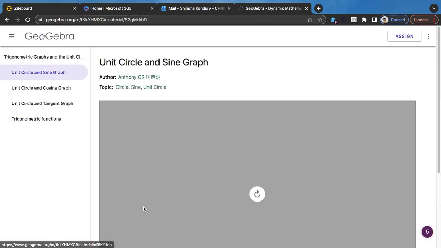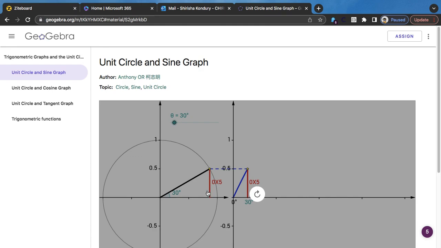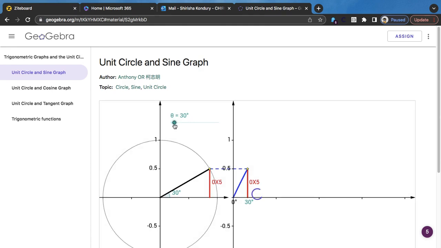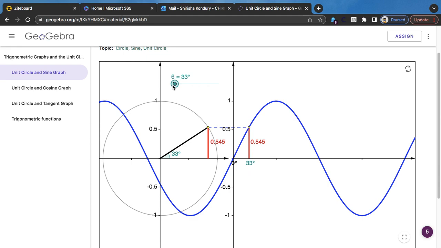Okay, let me show you the sine graph. So I'm going to make theta 0, right? So as I'm increasing the angle, do you see the opposite side is increasing? And that's the value of sine.